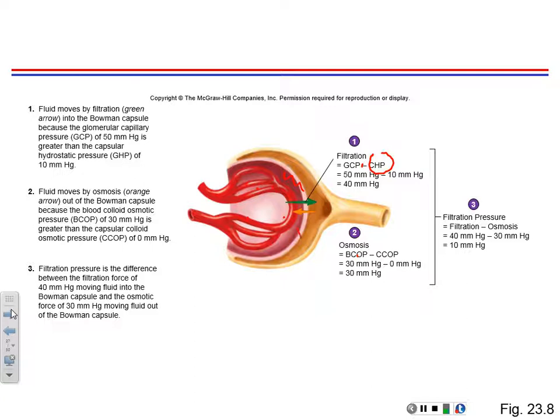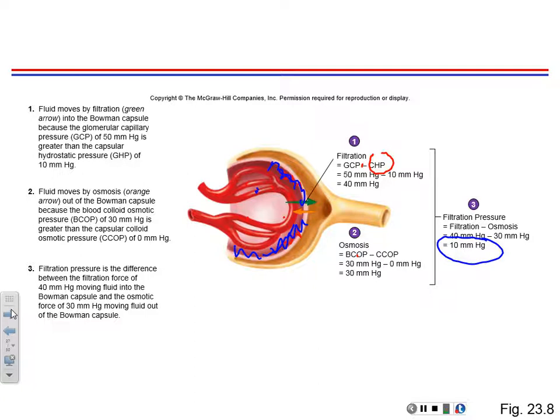As fluid fills up in here, it's going to start to create opposing pressure. You can see that, right? It's going to have capsular hydrostatic pressure, so you have to subtract that. That's about 10. And so 50 is the pressure you're building up in your capillaries, and then you subtract the pressure in the capsule itself, and then you subtract the pressure of the osmotic pool of the concentrated blood. And the end result will be 10 millimeters of mercury. That's what the filtration pressure is.